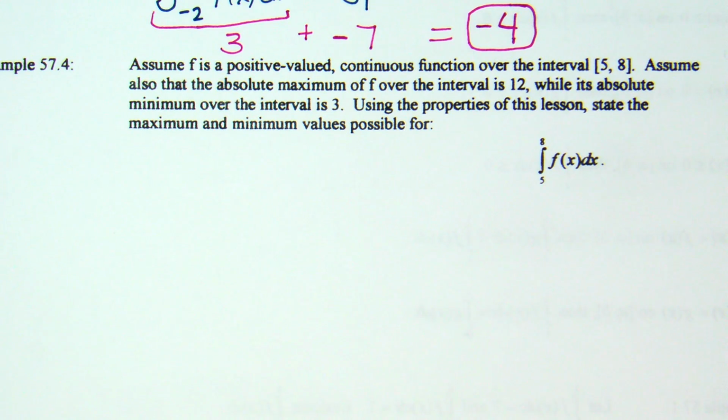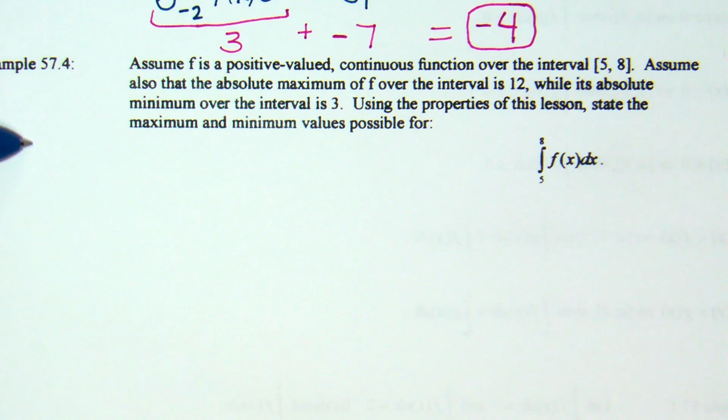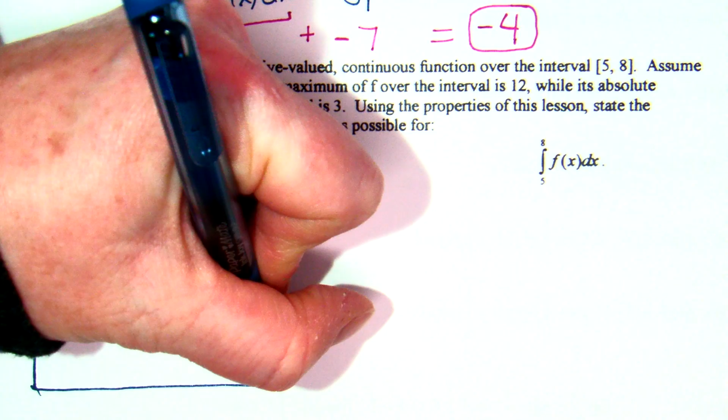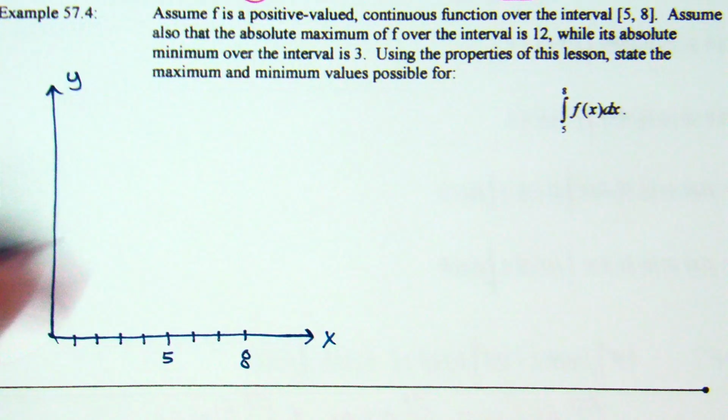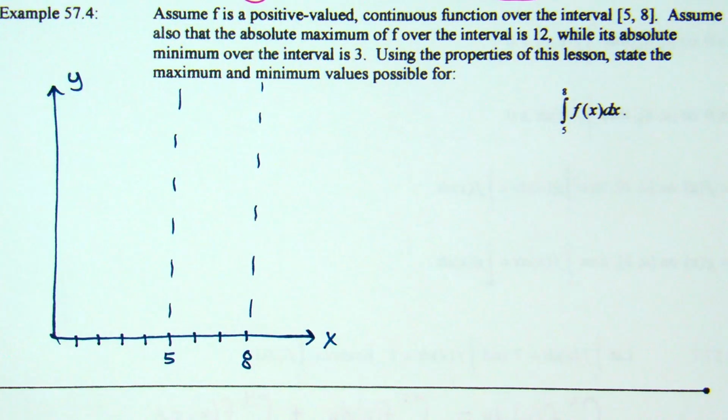No, not quite. There's a slight catch we have to look at. So, okay, I'm going to sketch a graph. I need a visual to point to here. Okay. This is a continuous function over the interval from 5 to 8. So we're going to be specifically looking between 5 and 8, yes?